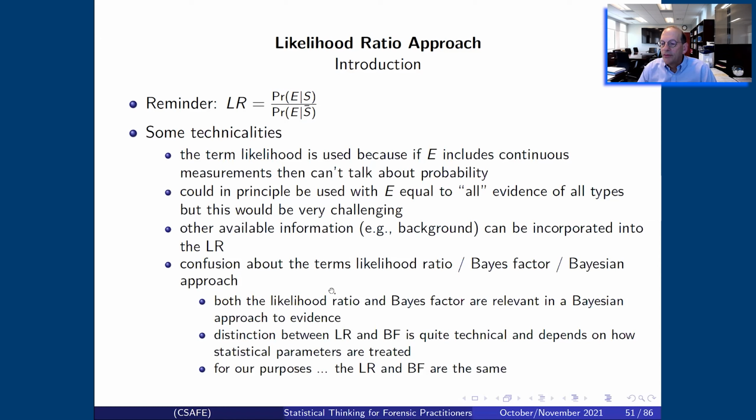And a couple of other technicalities here. One is the Bayes factor and likelihood ratio are two very closely related terms that statisticians get very, very, what's the right way to say this, religious about.